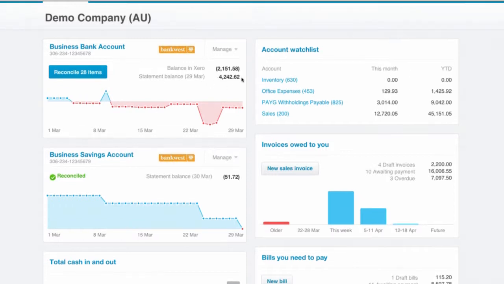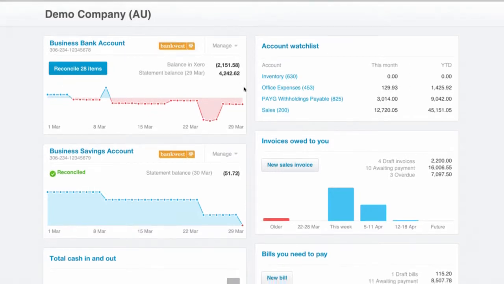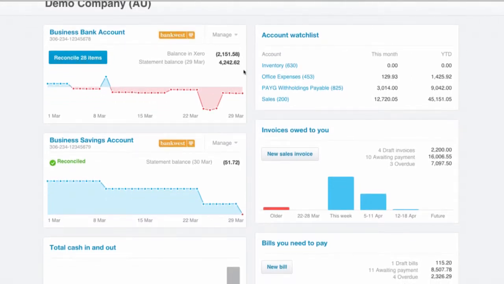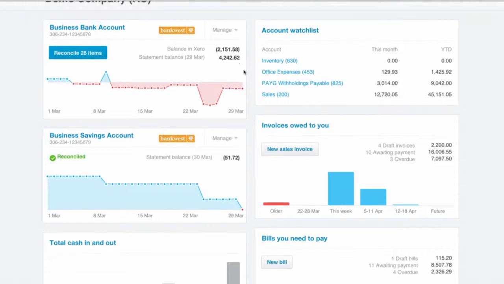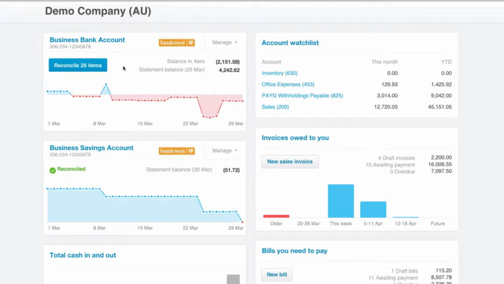The number one, most valuable thing you can teach your clients when they start using Xero is to always keep an eye on this statement balance. Because if that balance is the amount that was actually in the account yesterday, or the last time the feed came in, then all you need to do is reconcile the transactions sitting here.